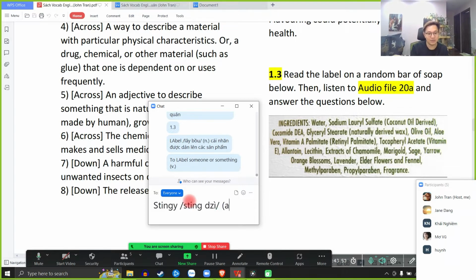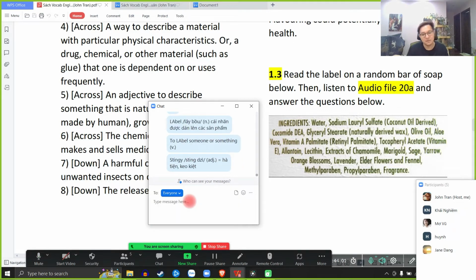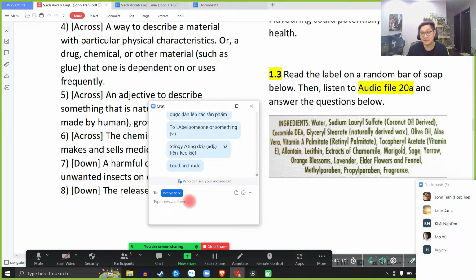Nhiều người lại hay có cái thói quen là dán mác giống vậy đó. Stingy là hà tiện, keo kiệt. Or people often say that the North Vietnamese people are loud and rude. Thô lỗ và rất là ồn ào, sometimes like that. Well, people are people. Everyone has their good and bad.